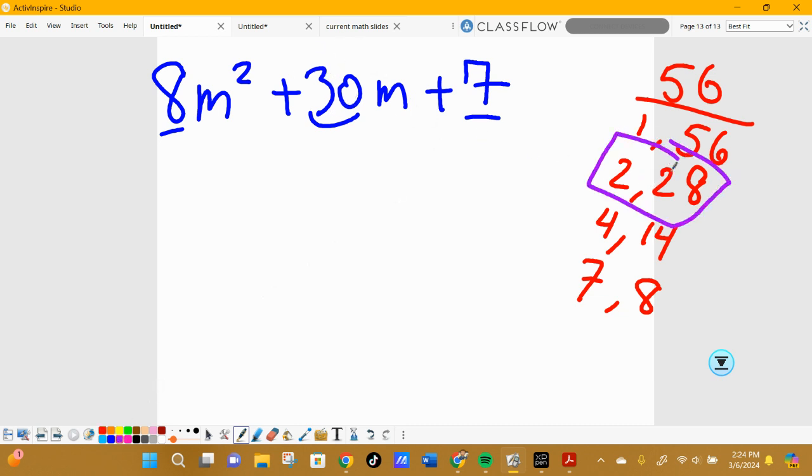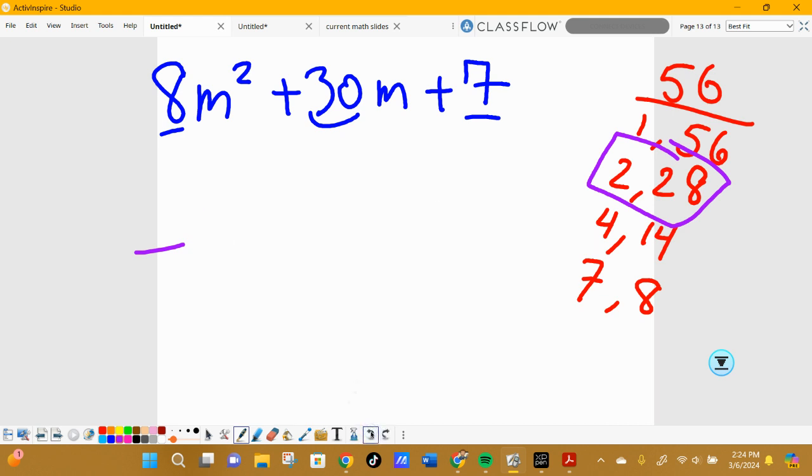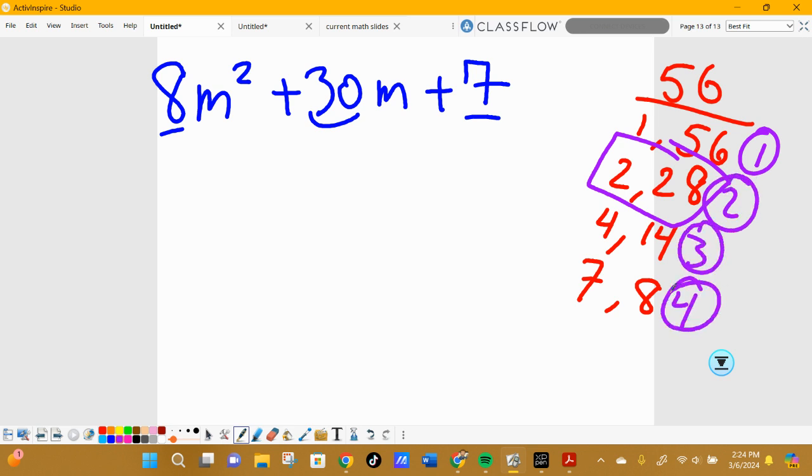I know I taught you that it's trial and error, but this eliminates most of that trial, because I could use numbers like negative 50 and positive 80, which adds up to 30, but that's a pain. So instead of guessing, we limited it to 4 possible options.